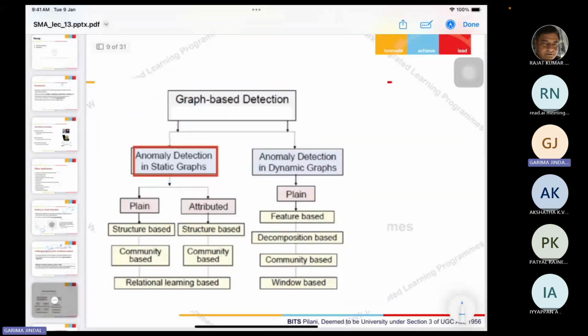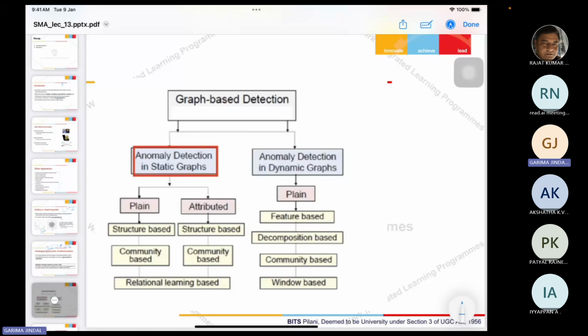Okay, so now let's move on and try to understand what the different aspects are that we need to consider when we are identifying anomalies in graphs. In order to identify the anomalies in graphs, you first have to know what the different types of graph are.